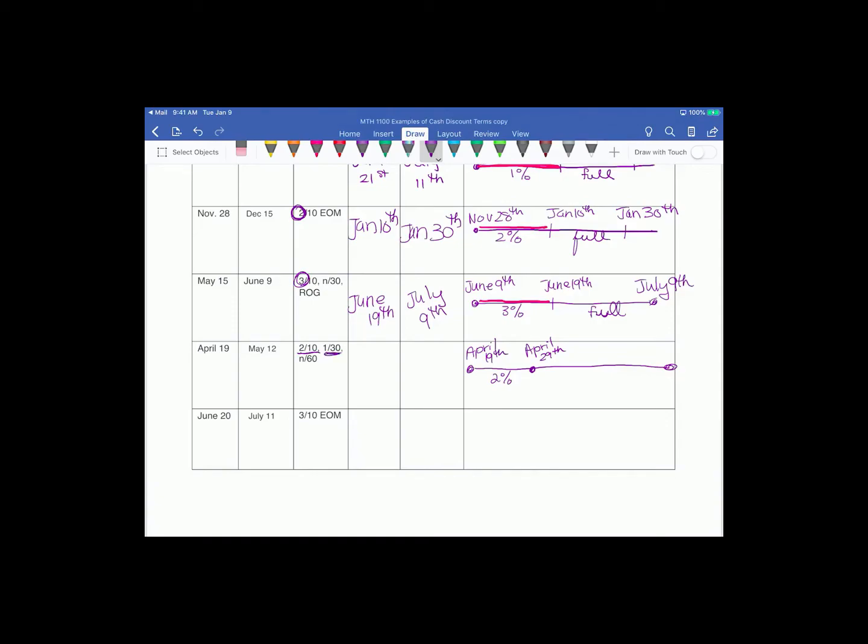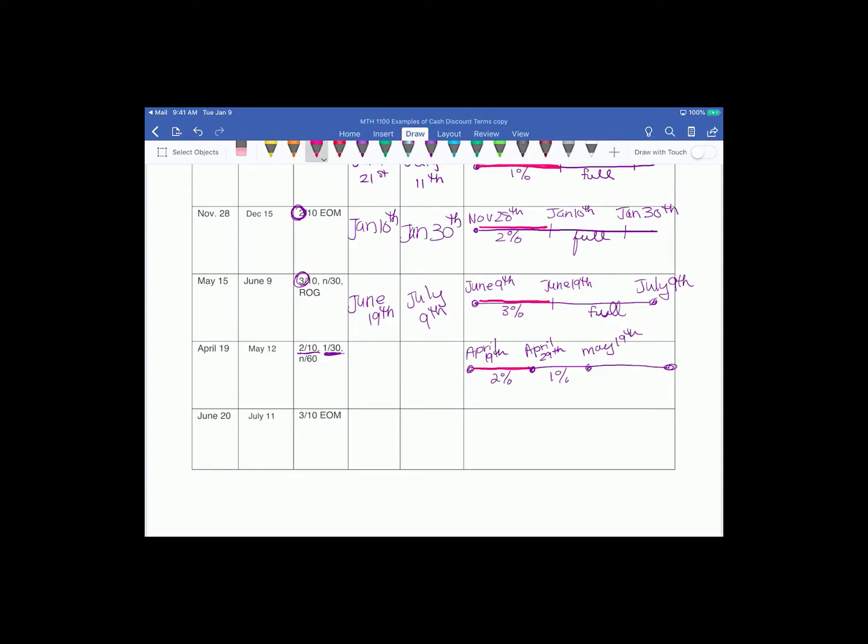Then this tells me if I pay within 30 days of April 19th, then I would get a 1% discount. So 30 days from April 19th would be May 19th. And I would get a 1% on that period.